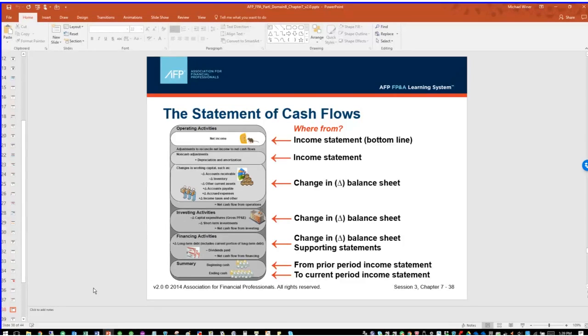But this also reconciles cash that can happen from other activities besides operating activities. So if we started the year with $1 million in inventory and we end the year with $500,000 in inventory, that also has a cash effect.